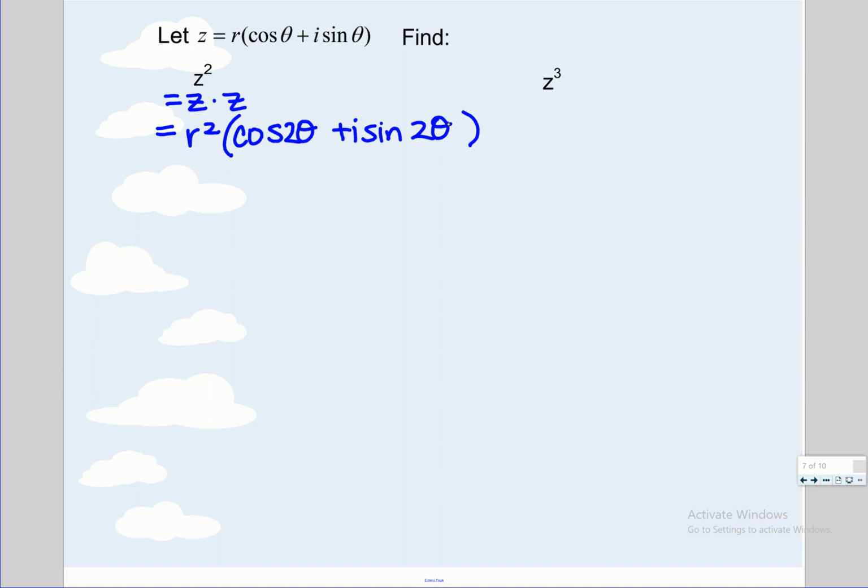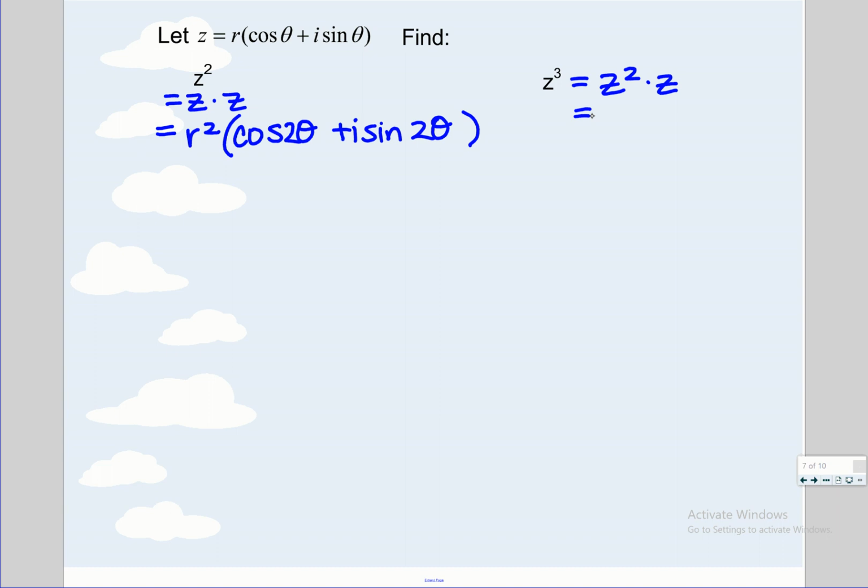Okay, let's do the same thing for z to the third. What can I multiply together to get z to the third? Z squared and z, and I have both of those. Okay. Z squared and z, multiply their r's together first. So that would be r squared and r.